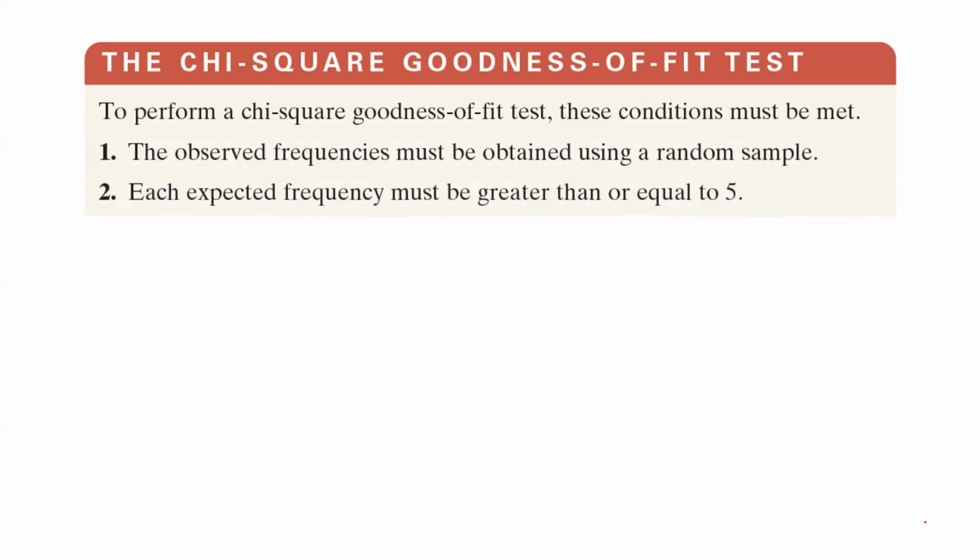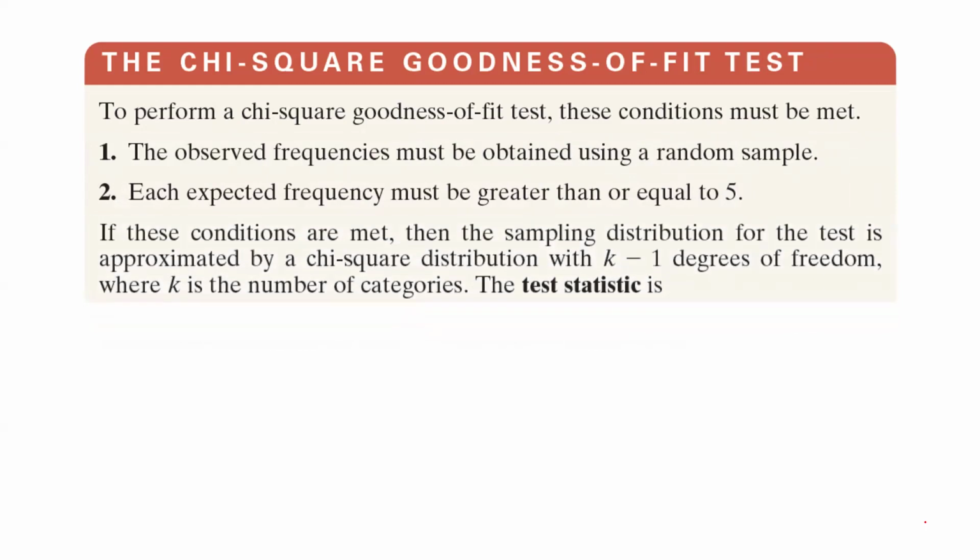Second, each expected frequency must be greater than or equal to 5. If these conditions are met, then the sampling distribution for the test is approximated by the chi-square distribution with k minus 1 degrees of freedom. K is the number of categories, an important piece of information for us.